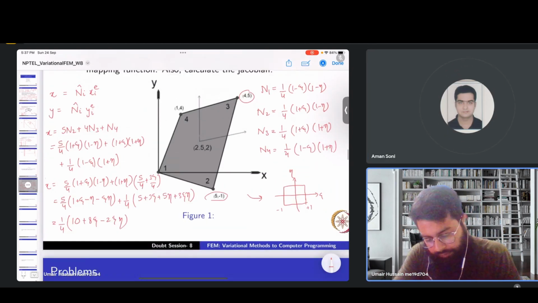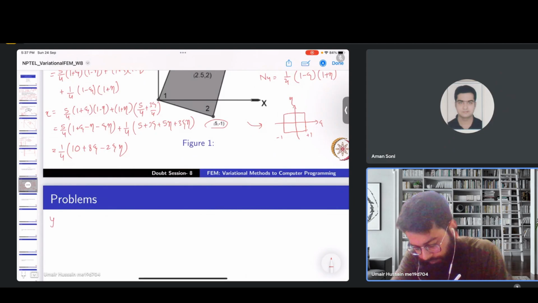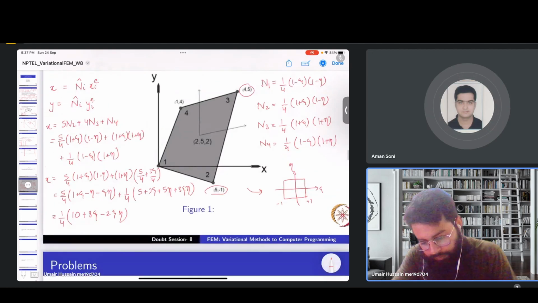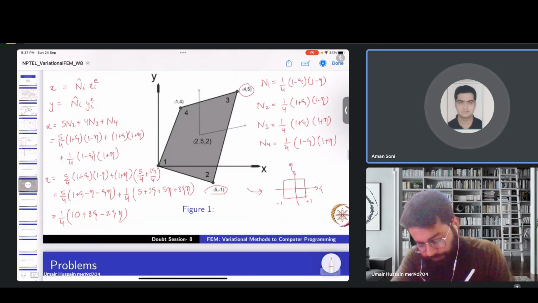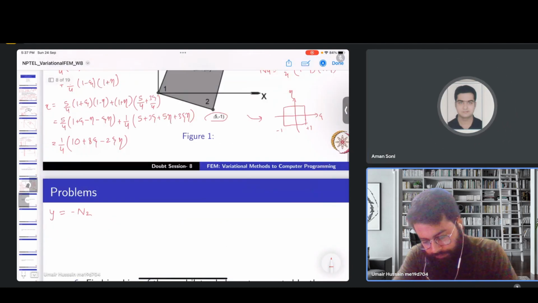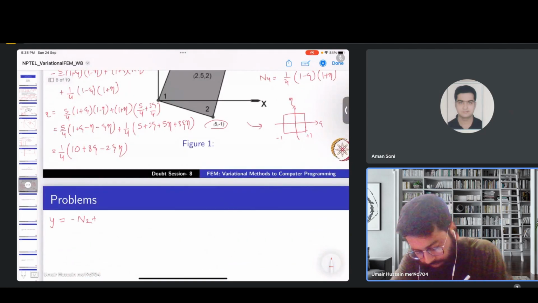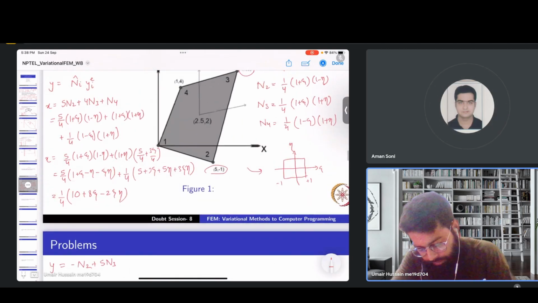And for y, we have minus 1 and 2, and 5 and 3 plus 4, but out of space, I didn't do it properly. Plus 5 and 3 plus 4 and 4.